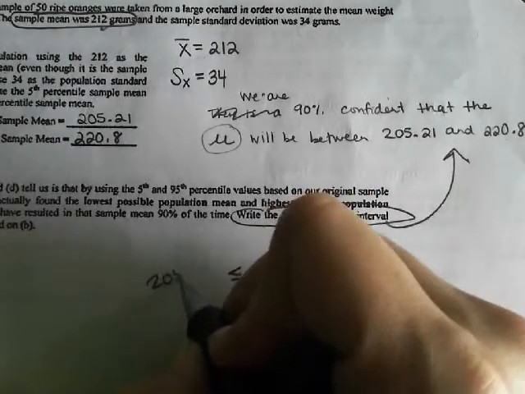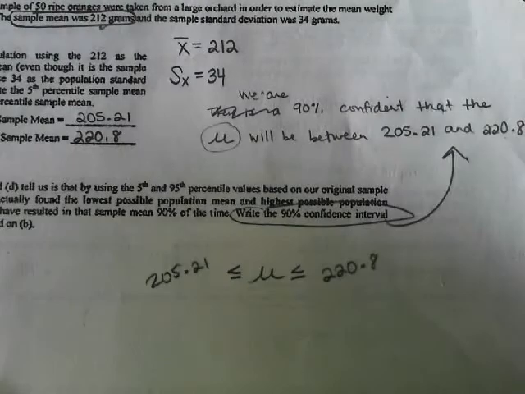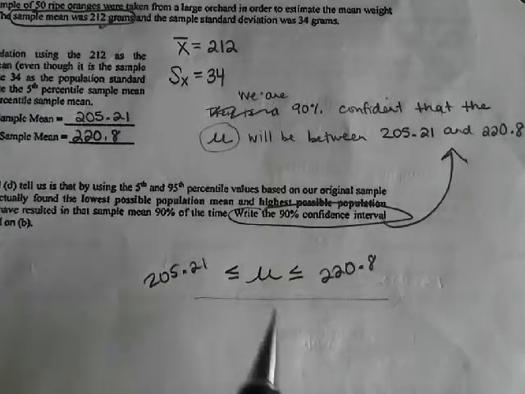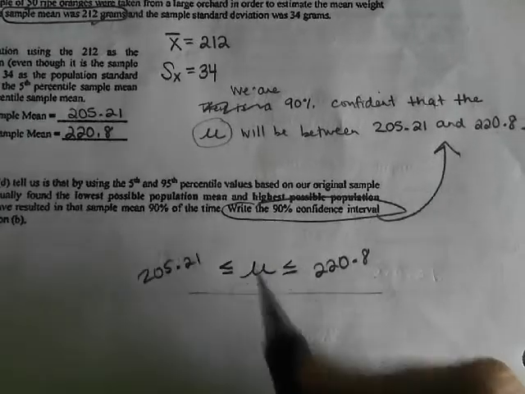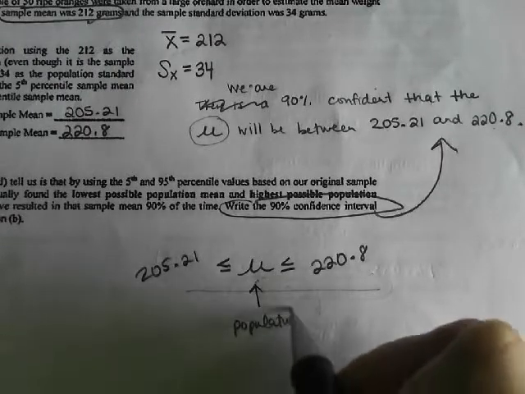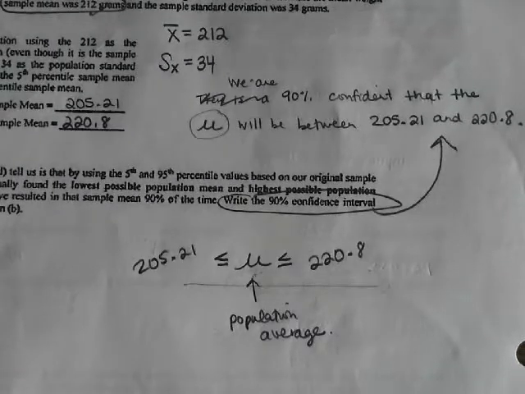We are 90% confident that this will happen. And make sure you know that this symbol means the population average. Population mean, same thing. Okie doke?